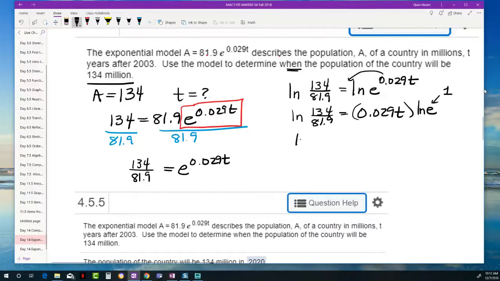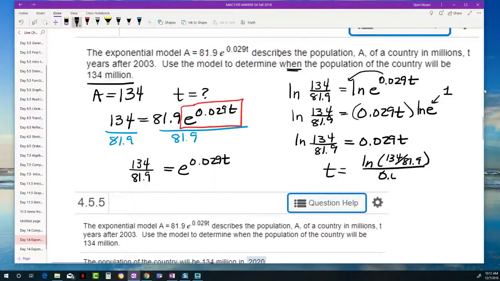So that's going to be natural log 134 over 81.9 equals 0.029t. We're going to divide both sides by 0.029. So we get t equals the natural log of 134 over 81.9, all of that divided by 0.029.